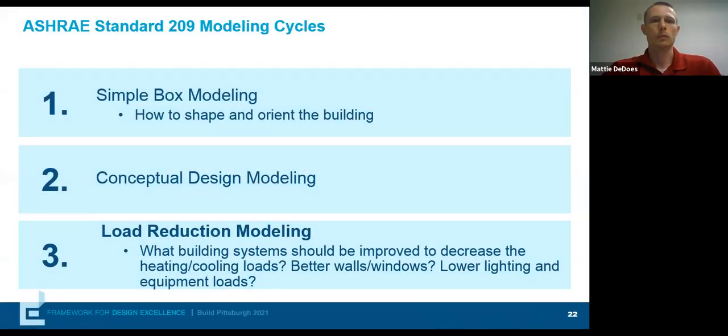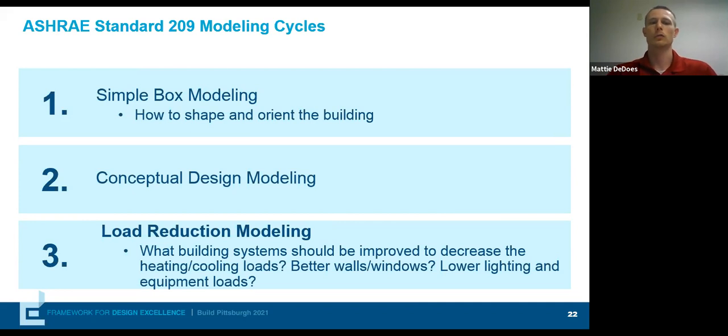So we grouped the first three cycles from 209 under this early stage. The one I've highlighted is load reduction, that third one. And it's in bold because technically to comply with the standard, it's the only one that's actually required. The other ones you can pick and choose to whatever suits your project.